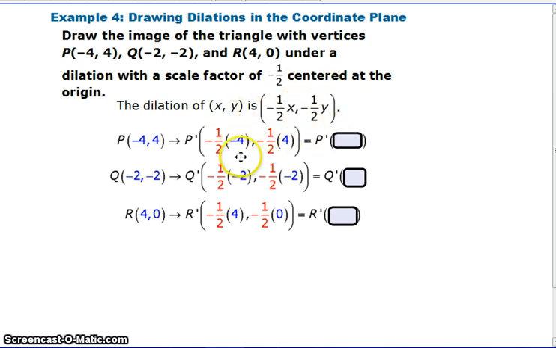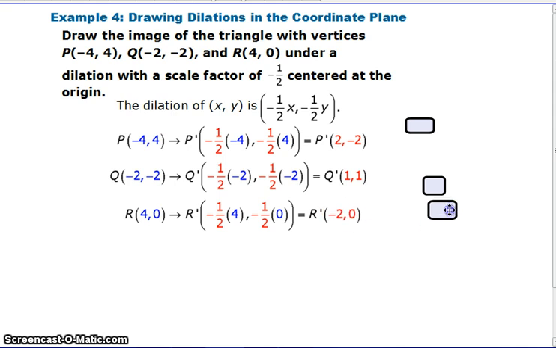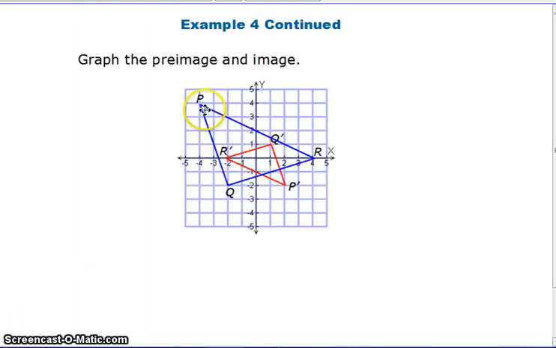So when we multiply here -1/2 times the -4 and so on, go ahead, pause and get these numbers, and you should have (2, -2), (1, 1), and (-2, 0). Good. So you can see that this triangle was interesting because it crossed the x and y axes, didn't it?